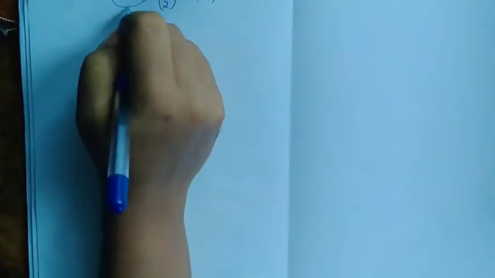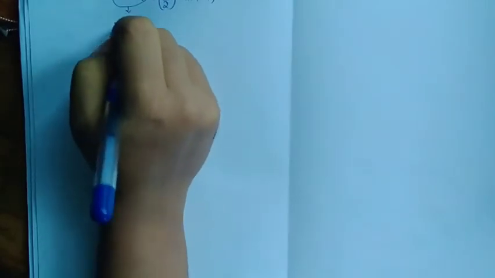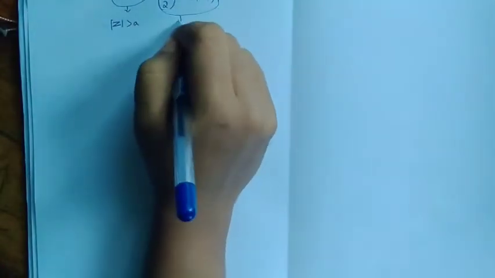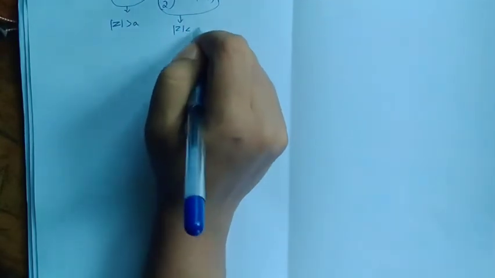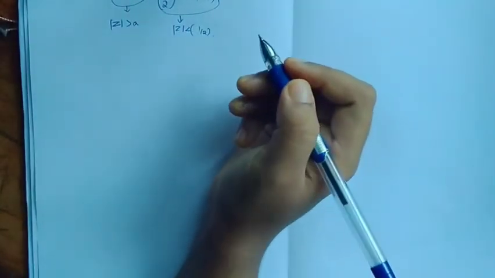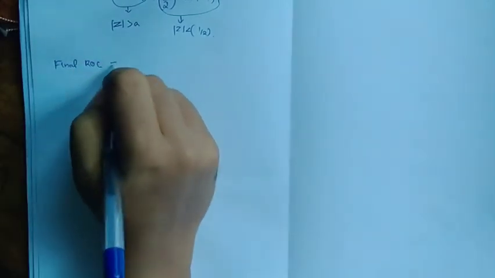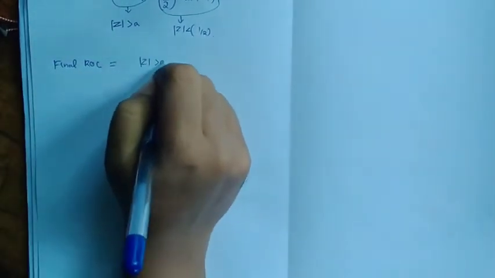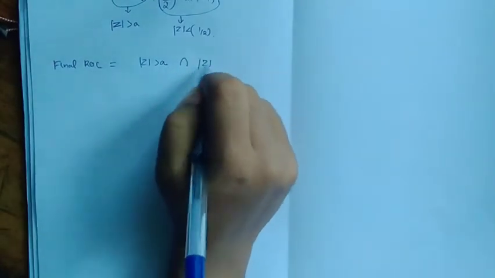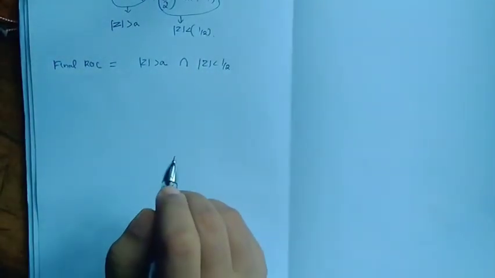The first term is a right-handed signal, so ROC will be greater than a. This is a left-handed signal, so ROC will be less than 1 by 2. The final ROC will be the common part between these two ROCs, that is, z greater than a and z less than 1 by 2.